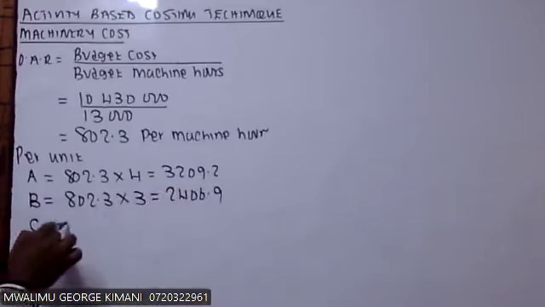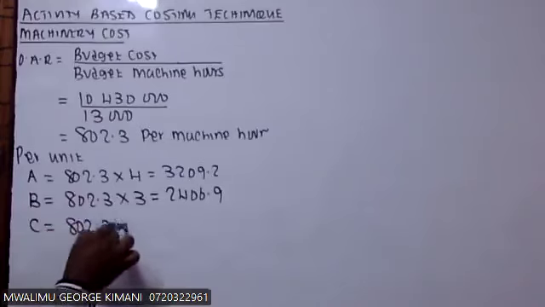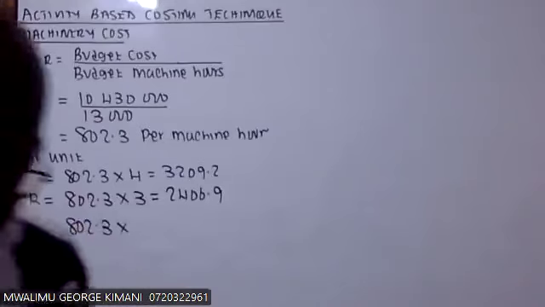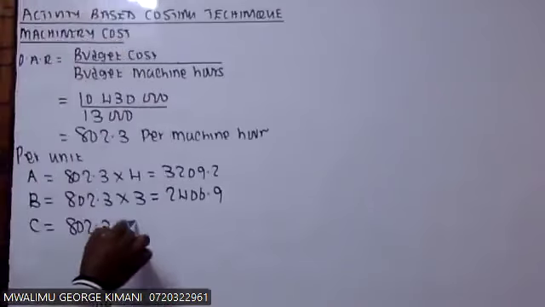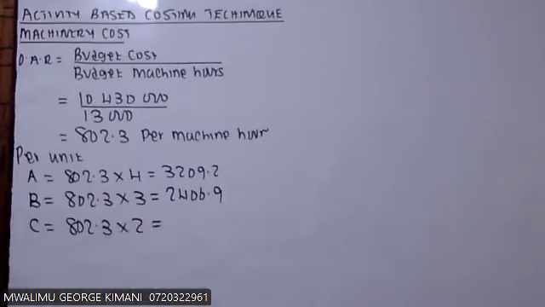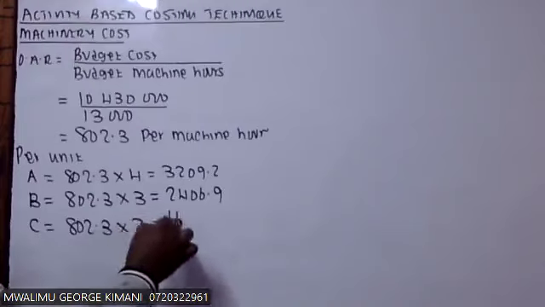Then we go to C, 802.3 times 2, which is 1604.6.